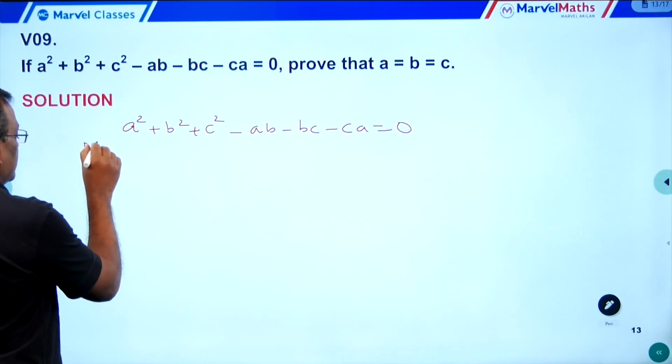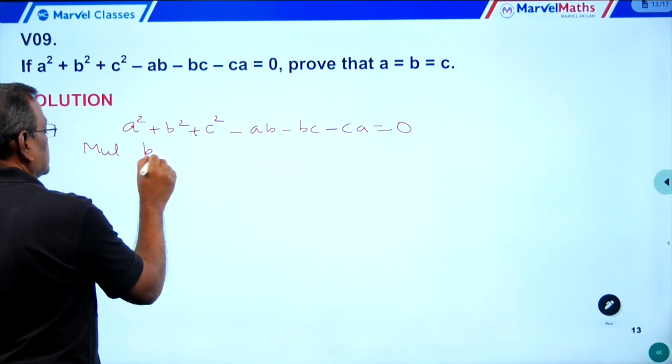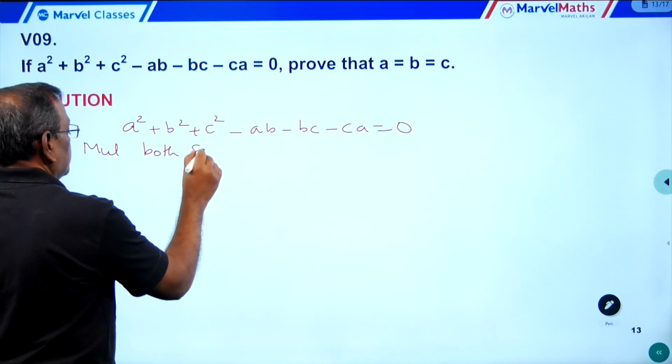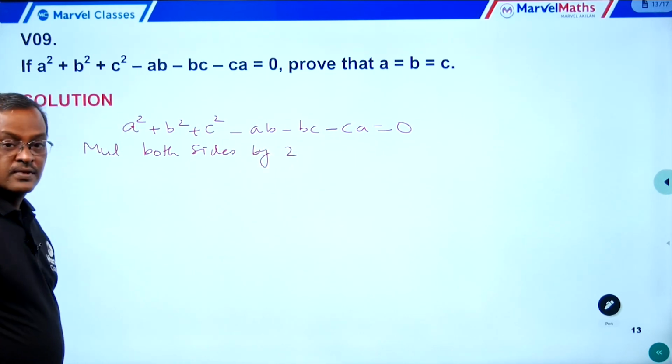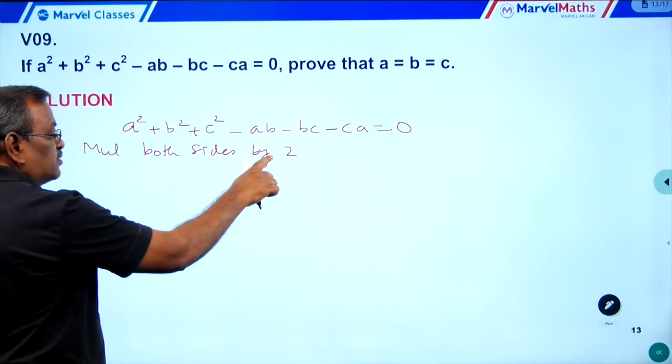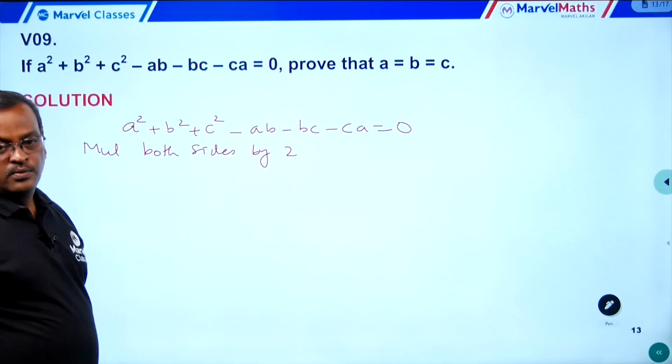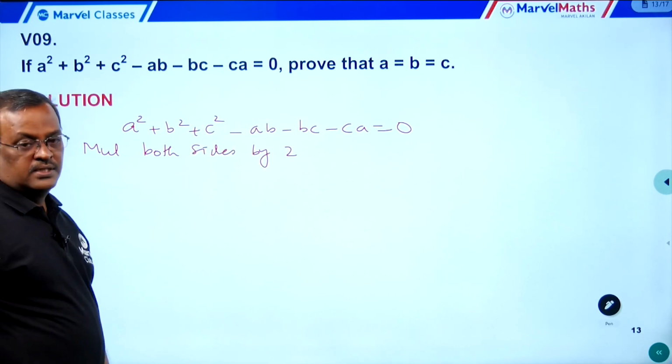So multiply both sides by what? 2. Clear. What is the reason for multiplying by 2? Because we need 2 for the coefficient of ab or bc or ca.